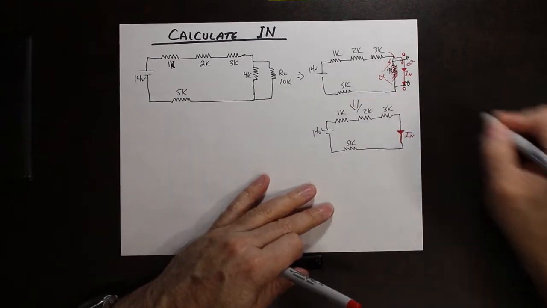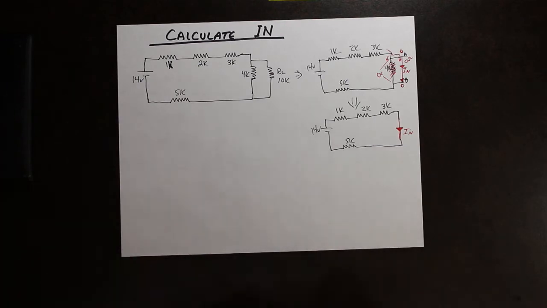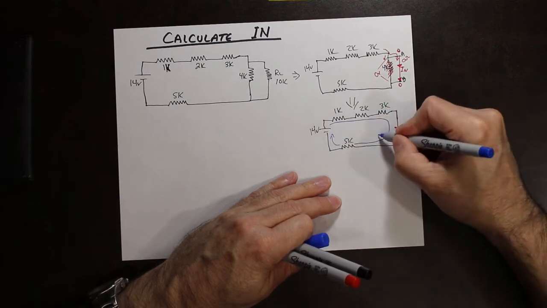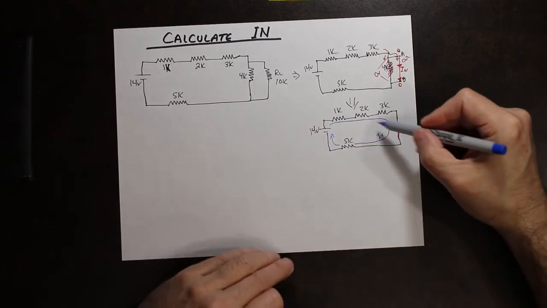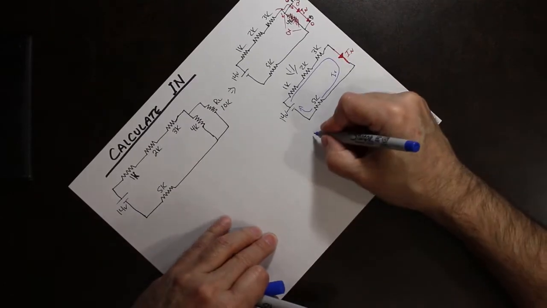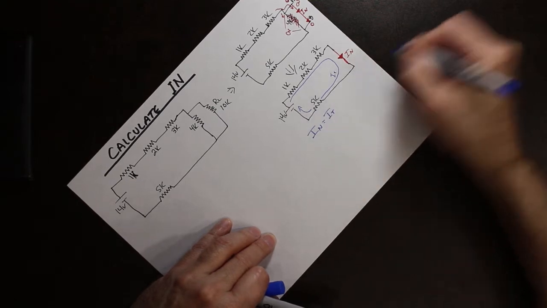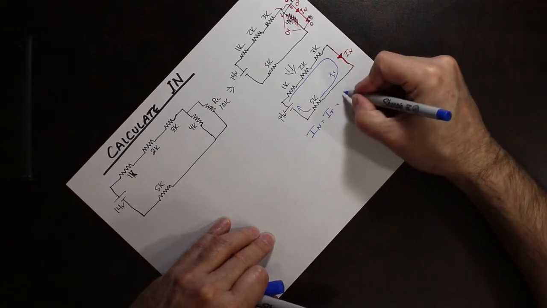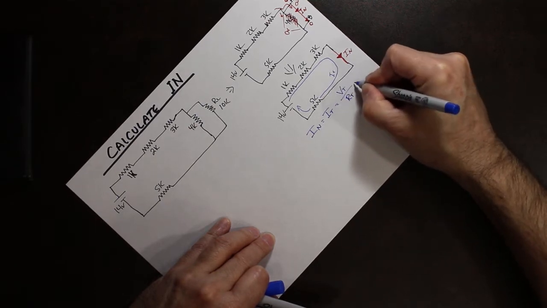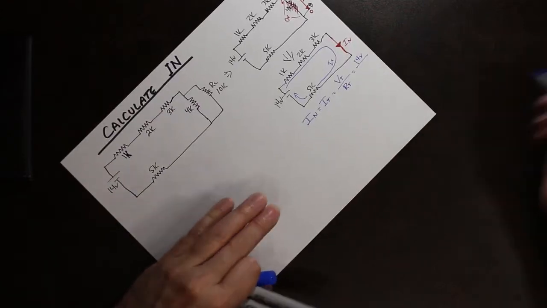So we got a 14 volt supply. This current here is actually our I total. So I total will actually flow through that wire. So again, I Norton is equal to I total. And in this case, it's V total over R total, which happens to be 14 volts over whatever.